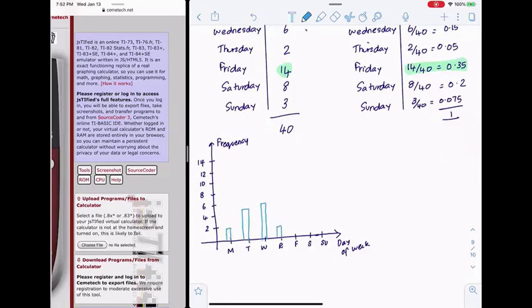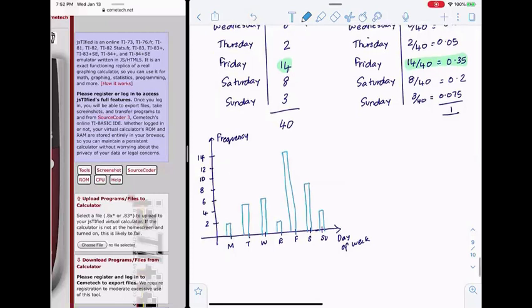Friday, we have 14. Saturday, we have 8. Sunday, we have 3. So that is the frequency bar graph, because we use the frequencies on the y-axis and day of week on the x-axis.